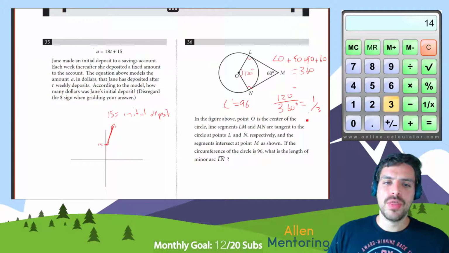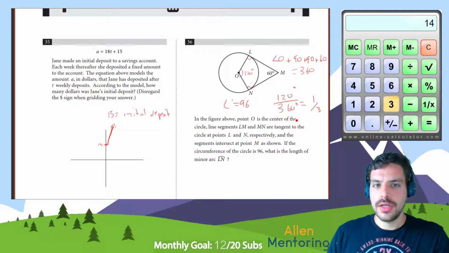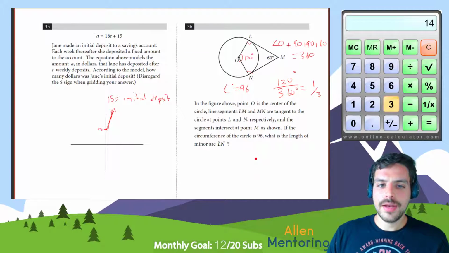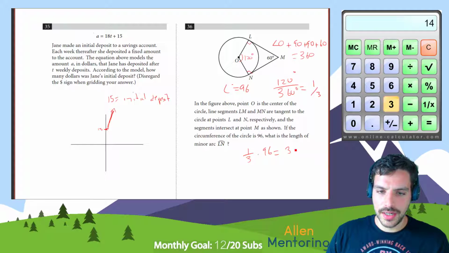And if LN is 1/3 of the entire circle and the circumference is 96, then LN must be 1/3 of 96. Okay, and what is 1/3 times 96? That's going to be equal to 32.